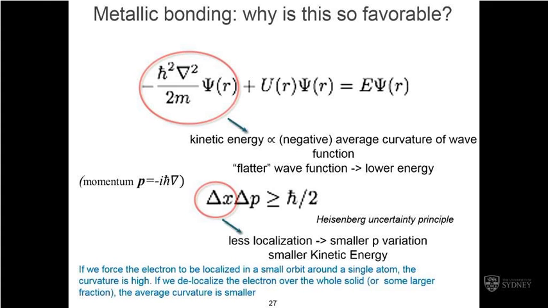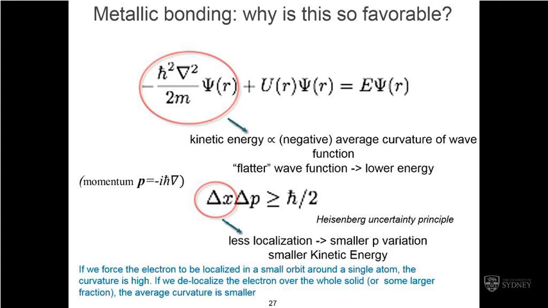This becomes larger, the displacement, and so you get a smaller variation in your momentum, which will give you a smaller kinetic energy term, resulting in a favourable structure. So this is one way of thinking about how the delocalization that you have in a metal can be an attractive property.